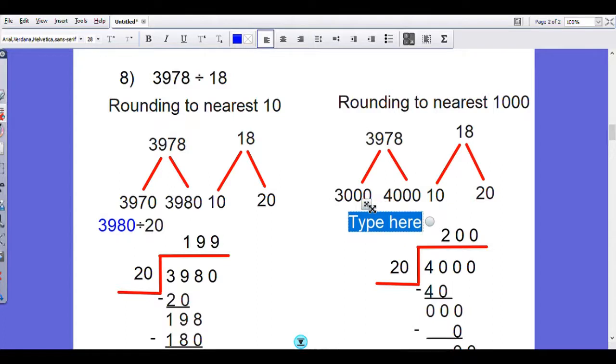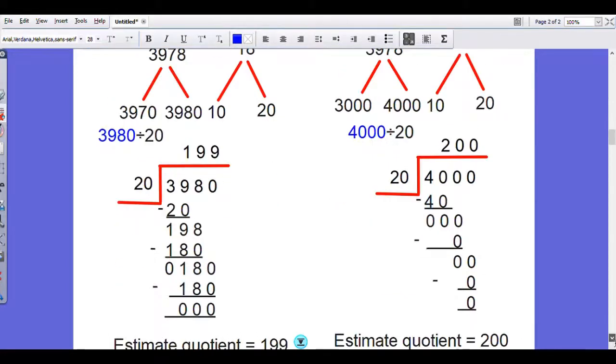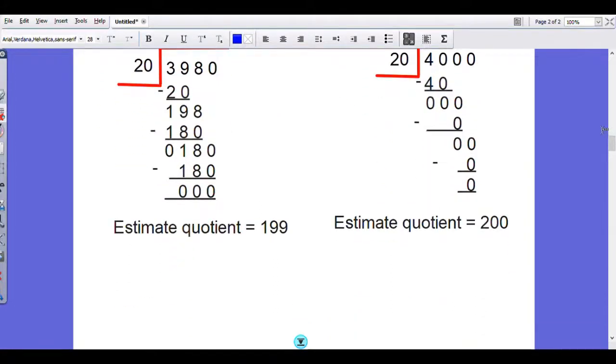Now the division will become 4000 divided by 20. 20 times 2 is 40, 0 0, now 0 from here, 20 times 0 is 0, again 0 from here, so 200. So the estimate quotient for this nearest to 1000 is 200. Understand, student? Okay, hope you understand.